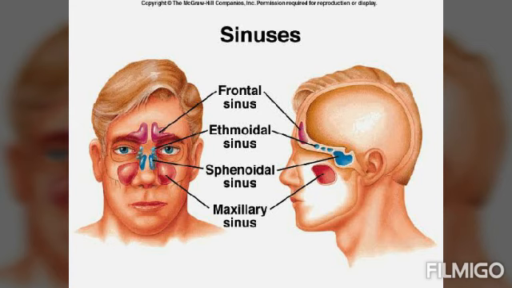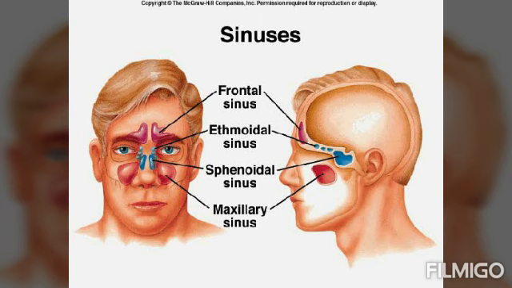They are named according to their location: frontal, ethmoid, sphenoid, and maxillary. The prominent function of the paranasal sinuses is to serve as a resonating chamber in speech. So that's why, when we get a cold or when these sinuses get blocked, our voice changes.